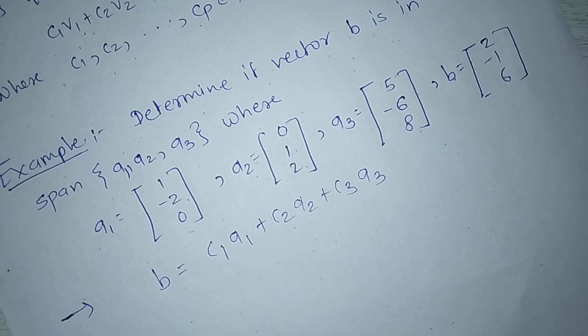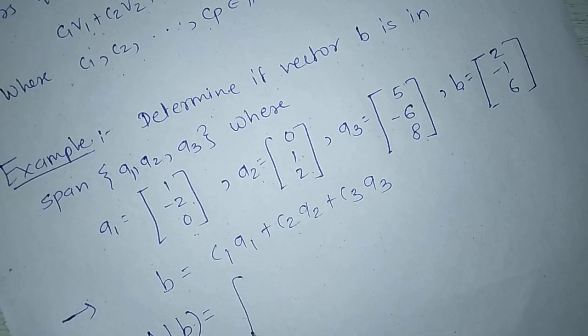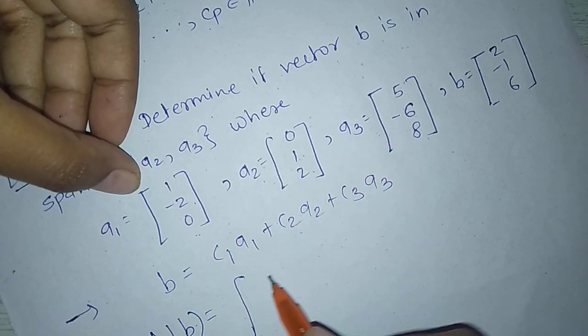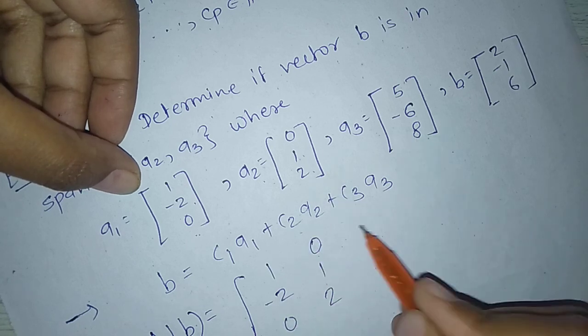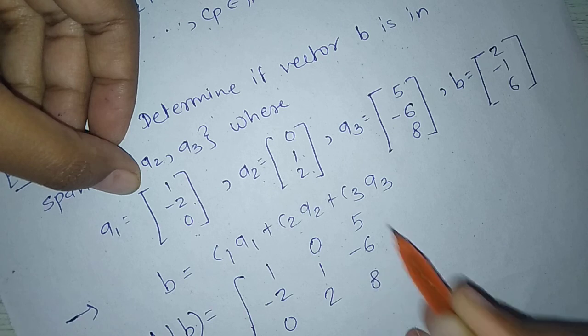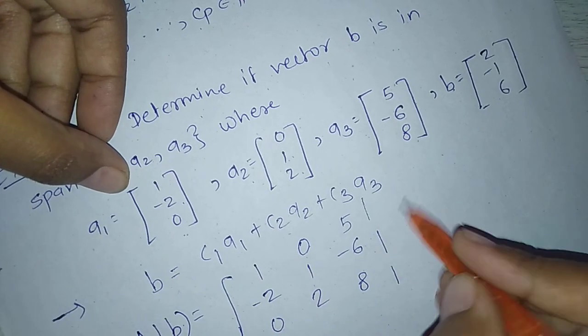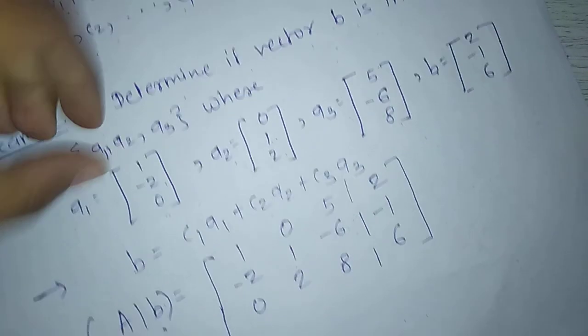Here the augmented matrix [A b], where A is nothing but a1, a2, a3. First column 1, minus 2, 0, a2 is 0, 1, 2, a3 is 5, minus 6, 8. Now add the column matrix of b: 2, minus 1, 6.